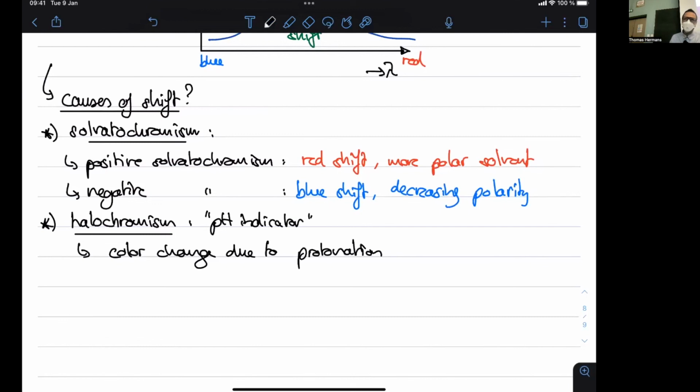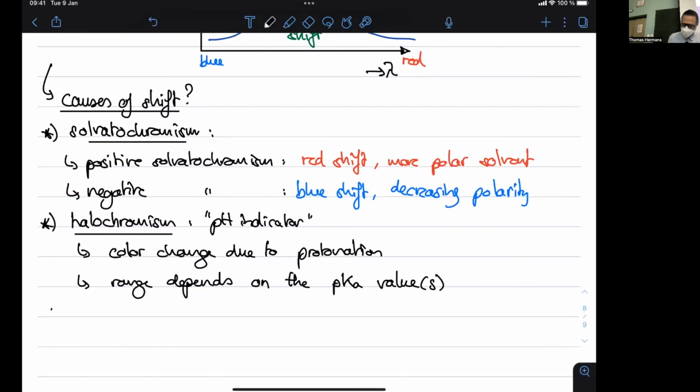Right, you protonate the dye, it usually shifts its absorption. And the range depends on the pKa value. Some have multiple, right? So the pKa determines, you know, if the pH is at the pKa, you have 50% protonation, right?